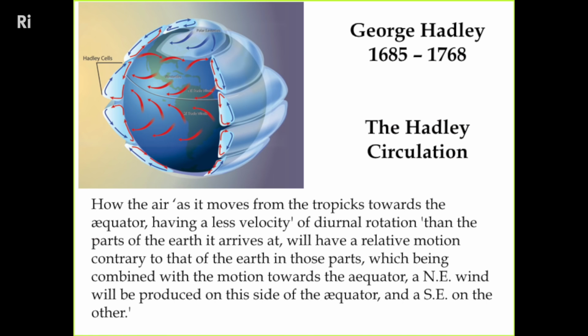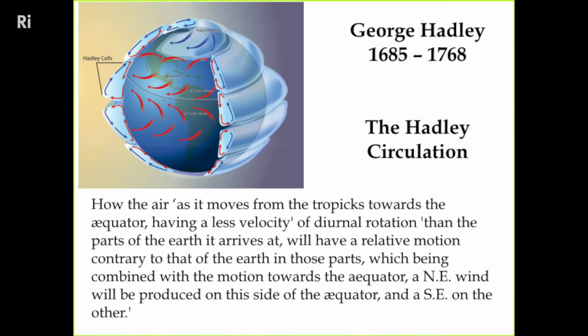But of course, you have to wait then quite a few more years till you get to George Hadley. Nearly 100 years later, here's George Hadley talking about the Hadley circulation. And he talks about how the air, as it moves from the tropics towards the equator, having a less velocity of diurnal rotation. So here we are now already accepting that the climate of our planet is determined by the rotation of a sphere.